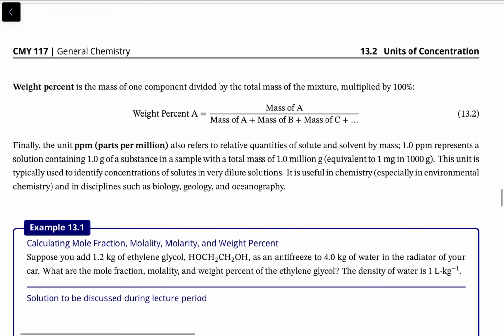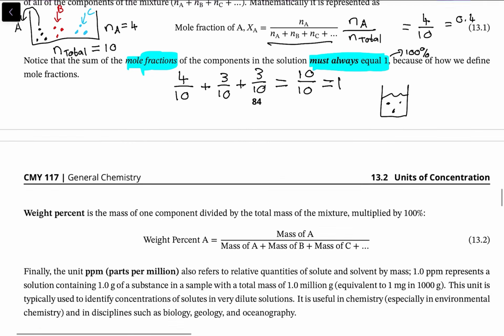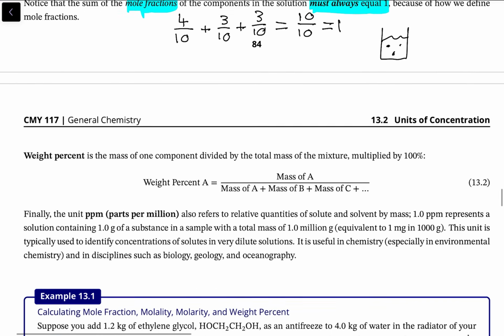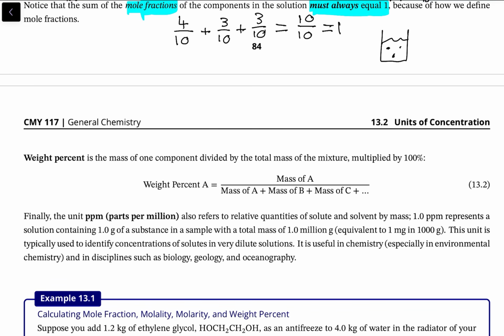Our next definition is weight percentage. Weight percent is the same concept as a fraction or mole fraction, so I'm going to use the same analogy. In this case, we just need to look at the masses.